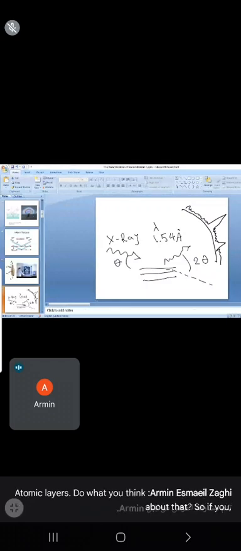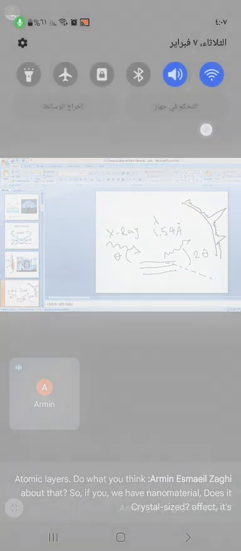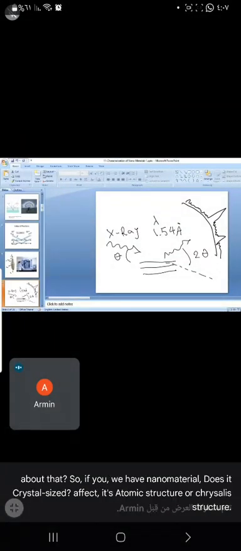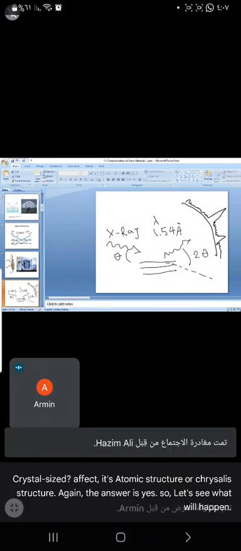So if we have a nanomaterial, does its crystal size affect its atomic structure or crystal structure? Again, the answer is yes. So let's see what will happen.